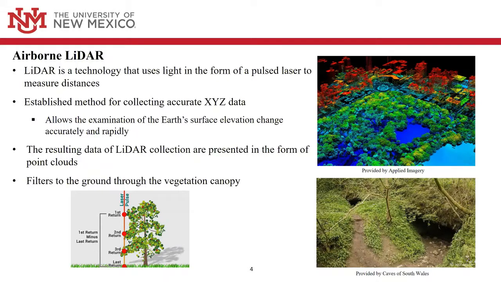It can go through the vegetation canopy gaps and go all the way to the ground, which is really helpful for sinkhole detection, because sometimes some of the sinkholes may be hidden by vegetation or by trees. So this is a really unique characteristic.